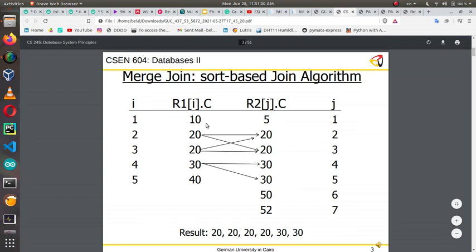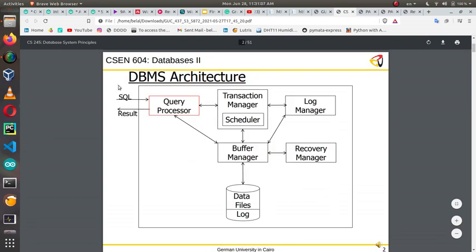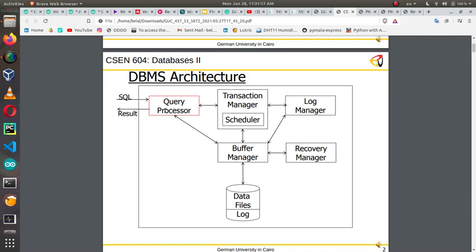So during the previous two tutorials we have been talking about the query optimizer or the query processor, how this part of the database engine processes a query, converts it to the best logical plan, and decides the best set of actions, which is the physical plan, to execute this query.